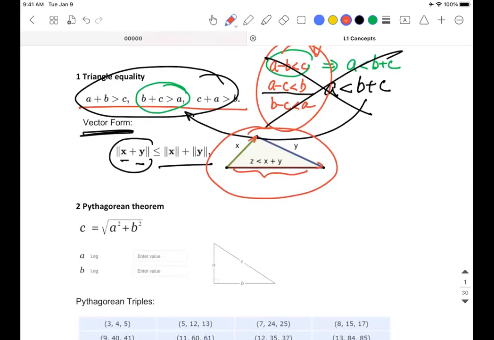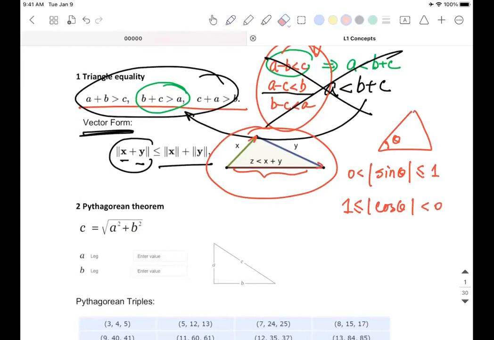And there's actually another very important inequality in the triangle I think people will understand. If I just give you any kind of triangle, this is like theta, then I'll be able to see sine theta, if I take the absolute value, will be less than or equal to 1, greater than 0. And the cosine theta will be greater than or equal to 0, less than 1, right?